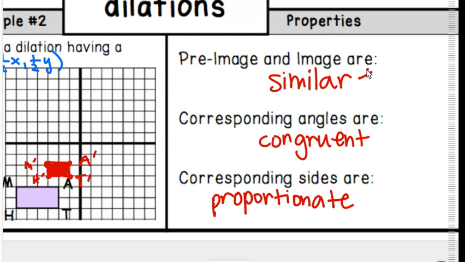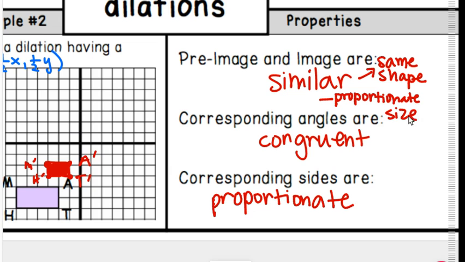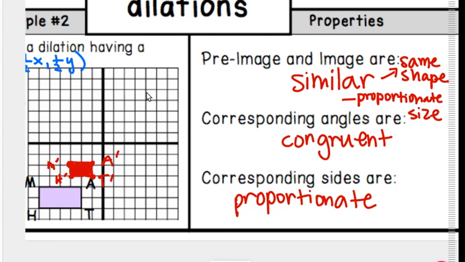And just a side note on similar. Similar means same shape, proportionate size. So what that means is if I look at my rectangle, look at our rectangles over here.